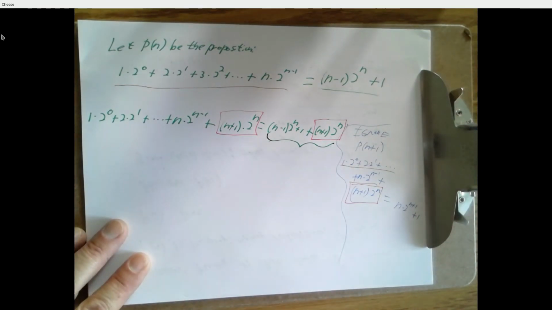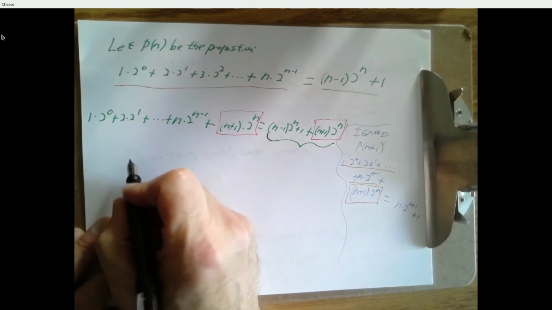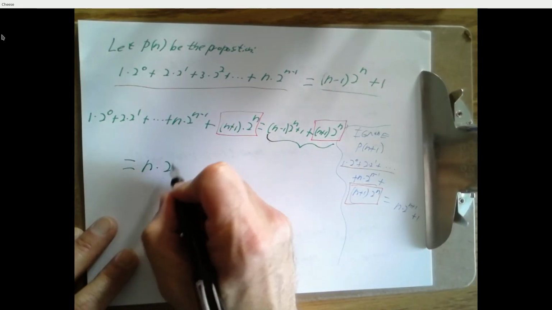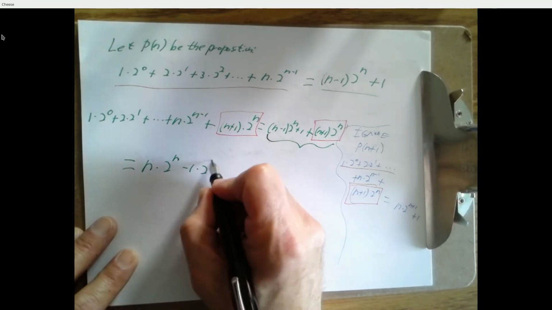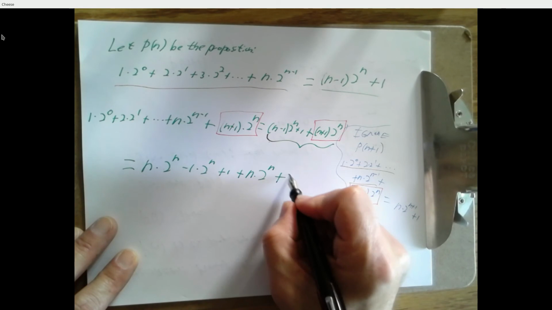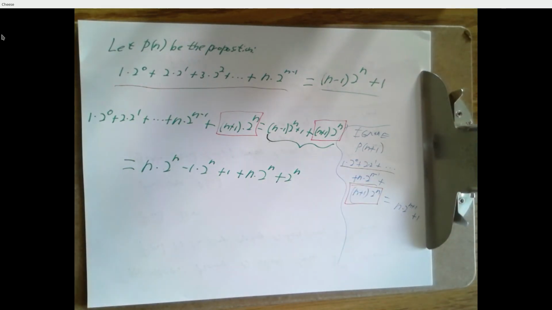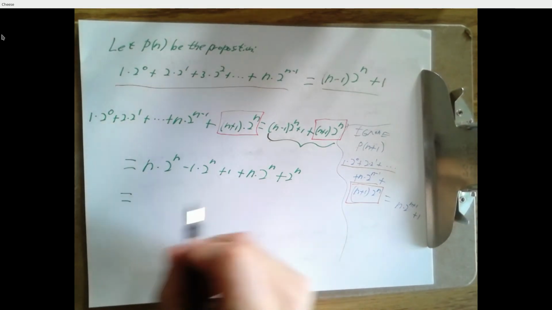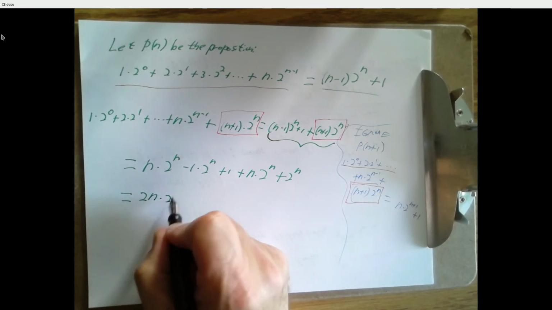Maybe the easiest way to do this is just multiply things out. This is n times 2 to the n, minus 1 times 2 to the n, plus 1, plus n times 2 to the n, plus 2 to the n. And then combine. There's an n times 2 to the n, there's an n times 2 to the n, so this is 2n times 2 to the n.